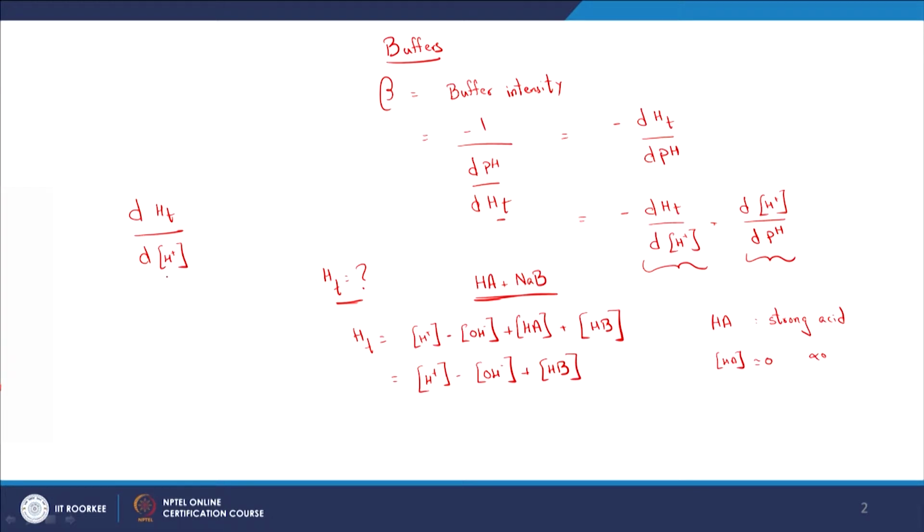So now we need to calculate the derivative of this H total with respect to H plus. Let's work that out in the next set here. So we have dH total by the derivative of H plus, right? And what is this H total? Just for my memory, I'm going to write it down here. It's H plus minus OH minus plus HB, and let's try to simplify that. That's going to be equal to, as you know, H plus minus KW by H plus plus the protonated form, right?